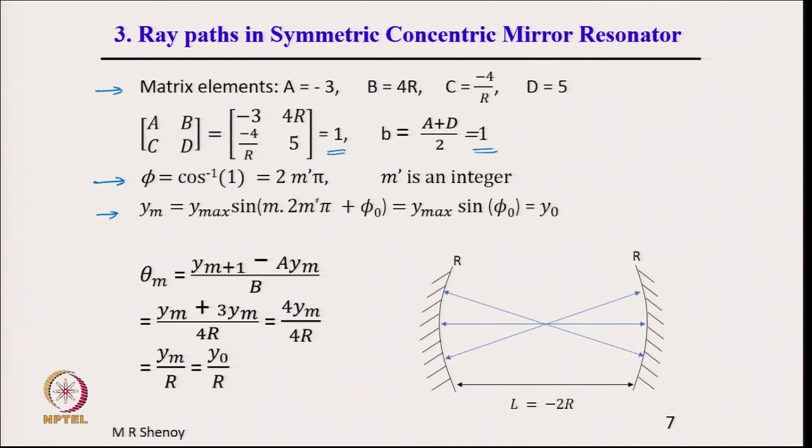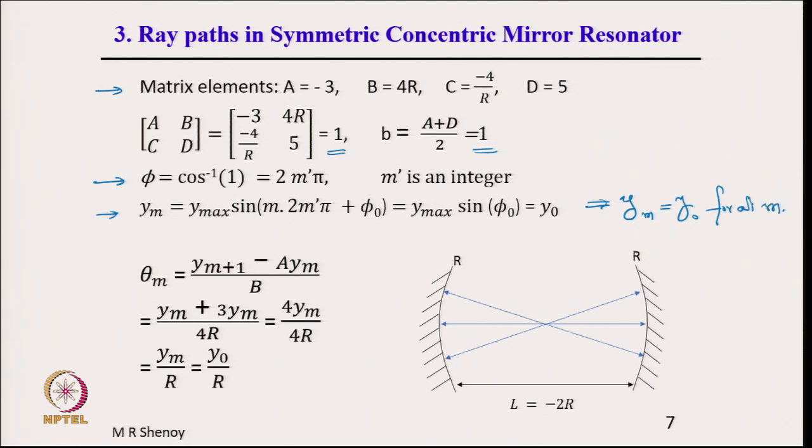So, for phi we substitute 2 m dash pi and therefore, equal to y max into sin phi 0, which is the same as y 0, because you substitute for y 0 will be y max into, if you put m equal to 0, sin phi 0, and m y m is also equal to y 0. This implies y m is equal to y 0 for all m, for all m.